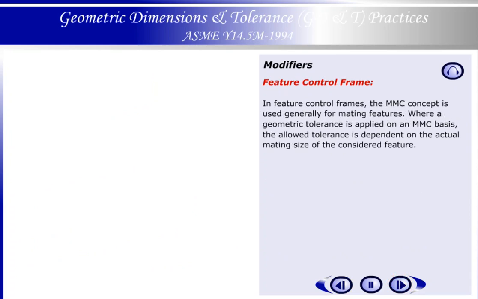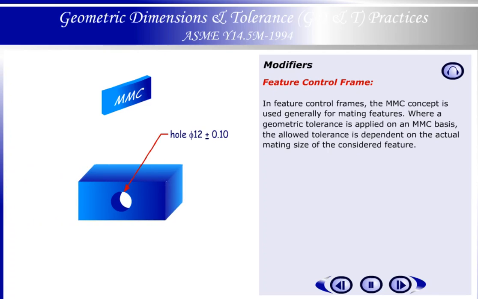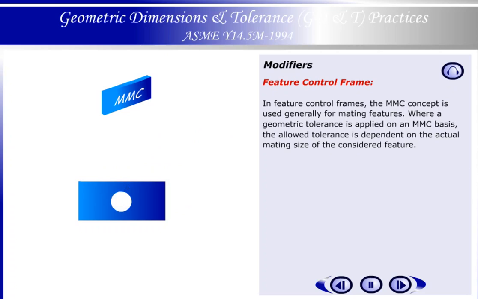Feature control frame. In feature control frames, the MMC concept is used generally for mating features. Where a geometric tolerance is applied on an MMC basis, the allowed tolerance is dependent on the actual mating size of the considered feature.